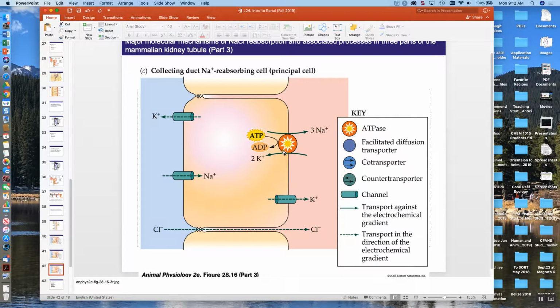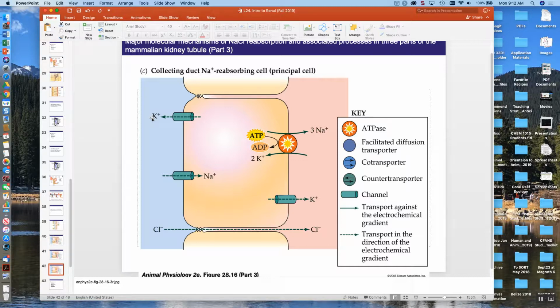It increases the activity of the pump to remove that extra sodium, but it also brings extra potassium into the cell, increasing potassium levels, which are then secreted. They're transported across the apical membrane by potassium channels, so you increase the secretion of potassium.